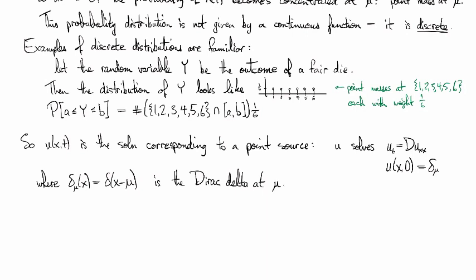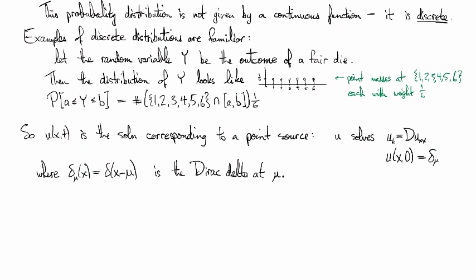So the Dirac delta is not actually a function, it's a measure or a distribution, if you prefer to call it that, and it corresponds to a point mass. So all the probability weight is located at a single point.